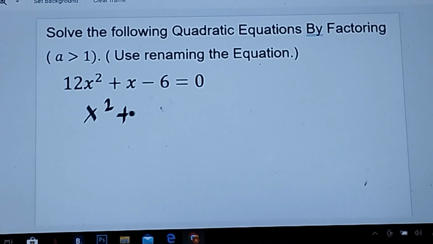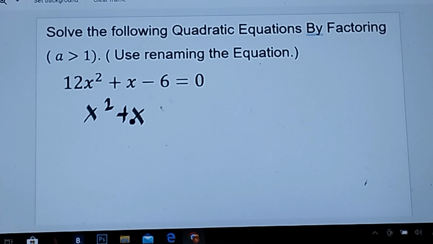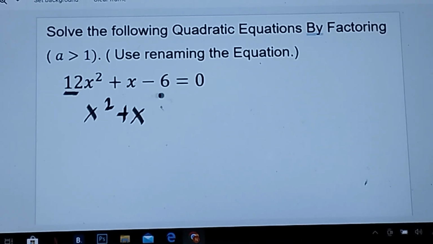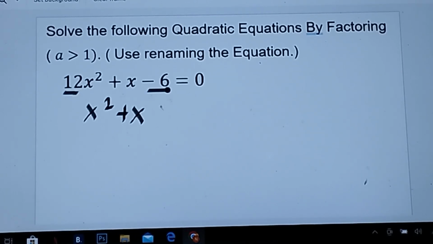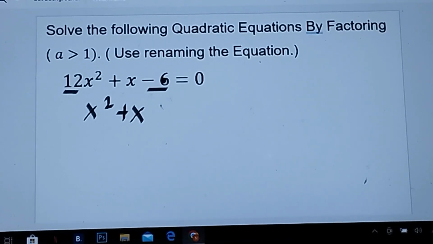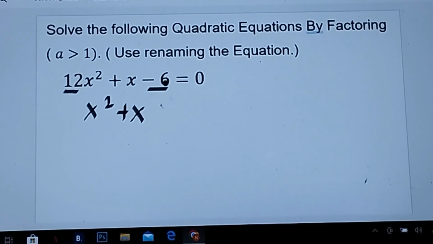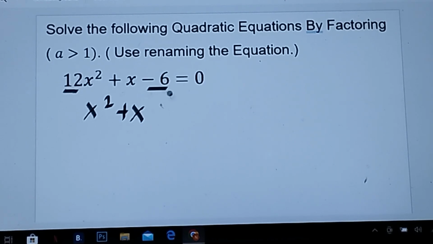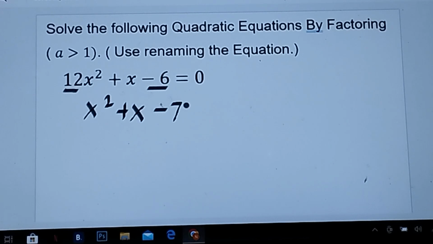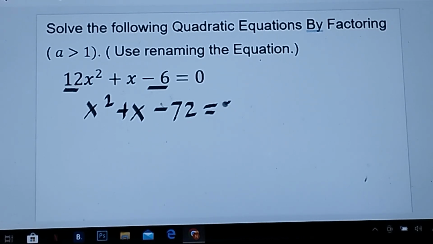So it's still plus x, but your constant term becomes the product of the coefficient of A and the coefficient of C. So 12 times negative 6 is equal to negative 72, equal to 0.